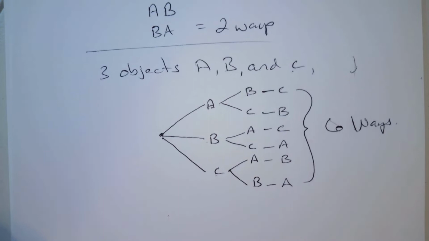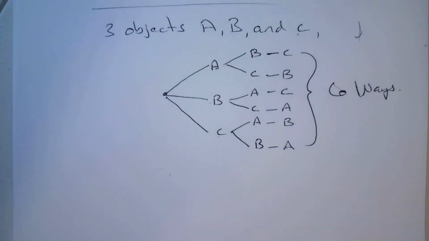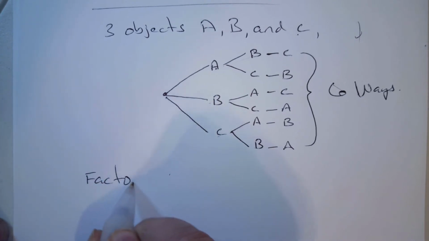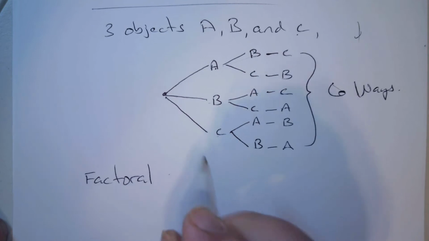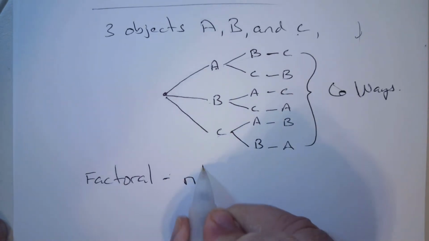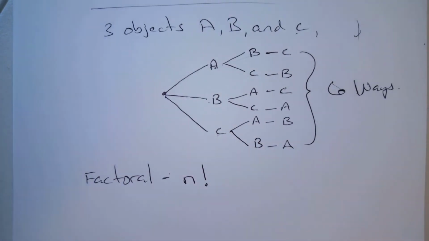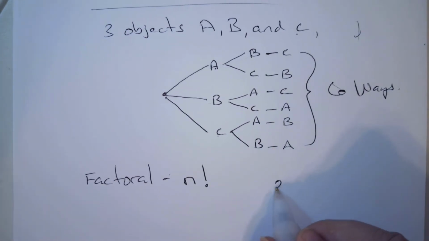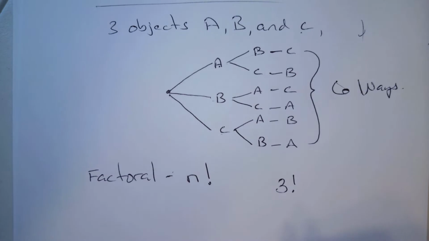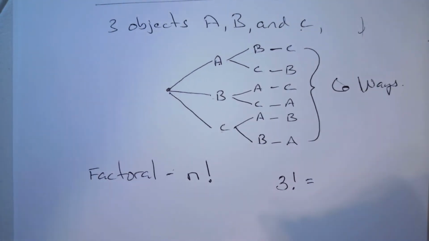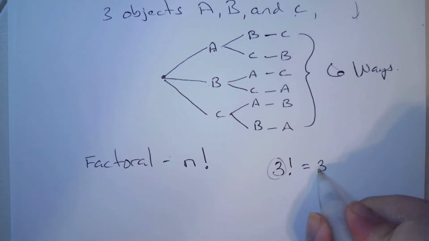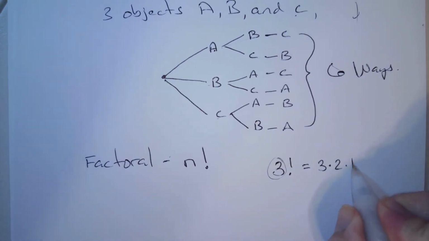This is where we introduce the concept of factorial. Whenever you see a number, let's say 3 factorial, what that means is you take the number in front of it and multiply it all the way down to 1.